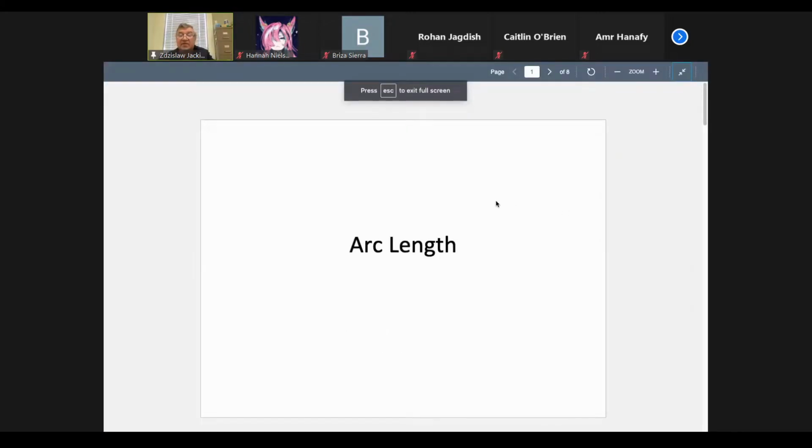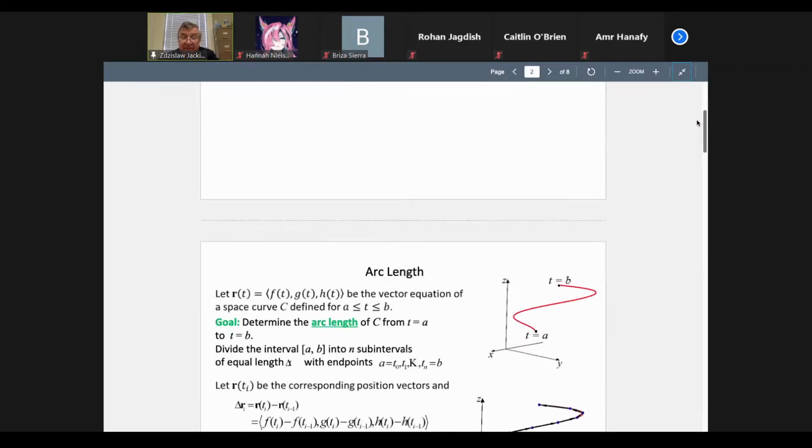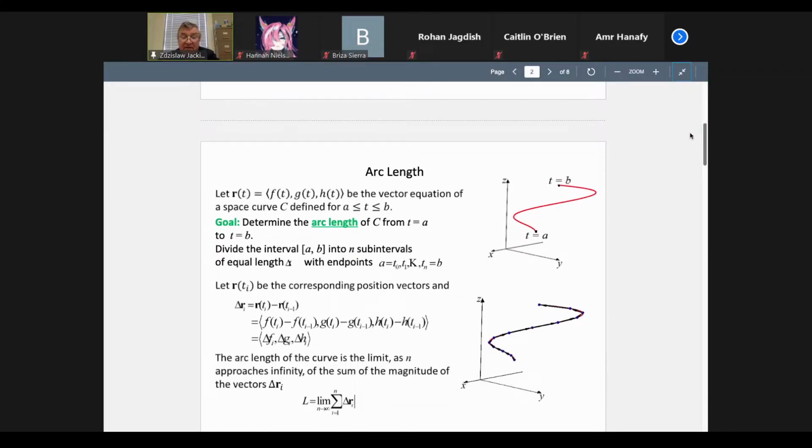Yes. So first we will discuss arc length for a parametric curve. So we have a parametric curve which moves, let's say, from some point A to B, and what is the distance traveled between those points along the curve. So here is the picture.